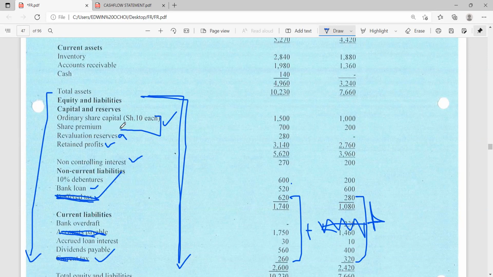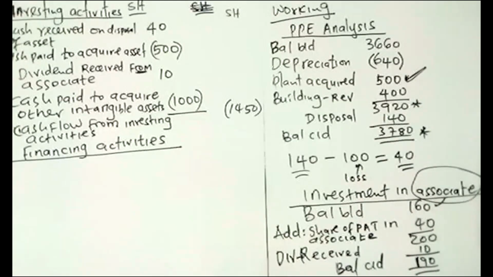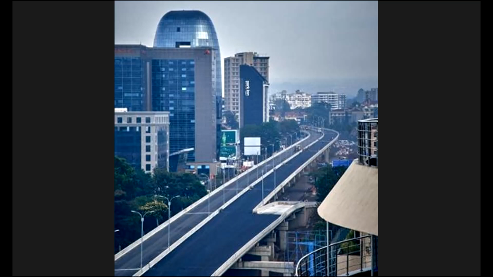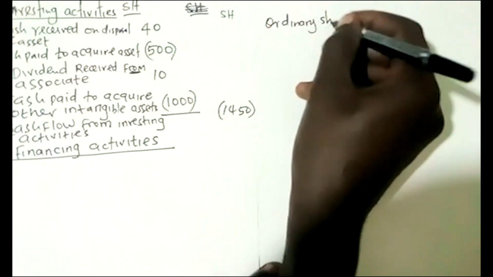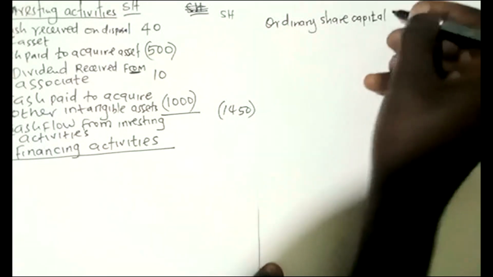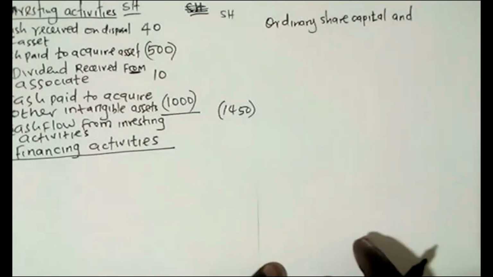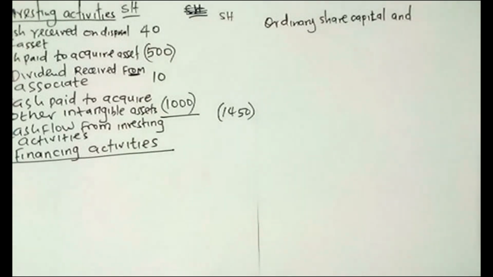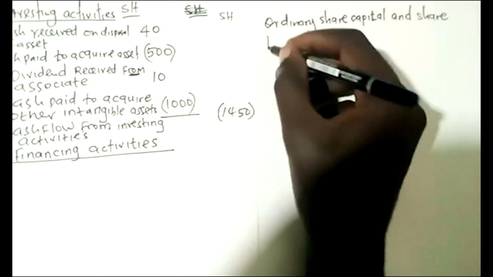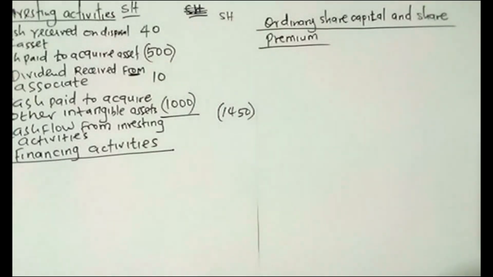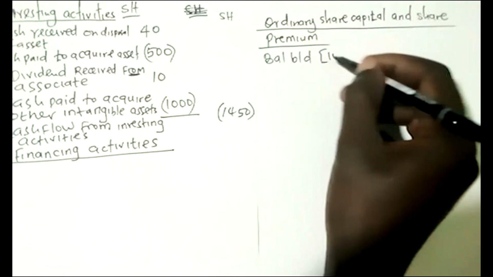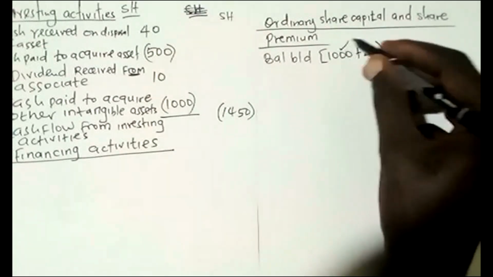So let us start from ordinary share capital and we combine with the share premium. So the balance brought down is 1,000 plus 200, for ordinary share capital and share premium.